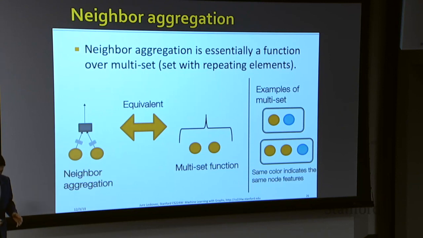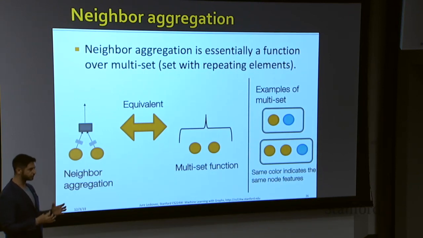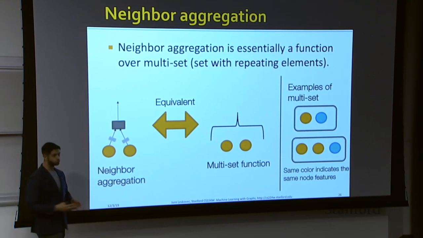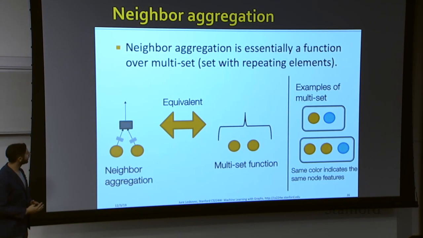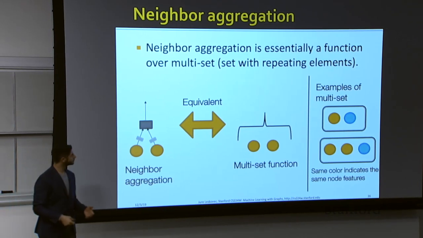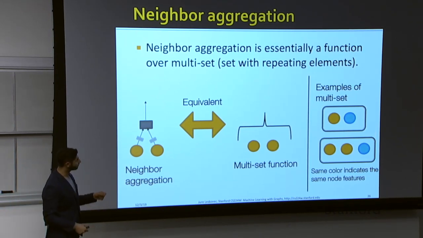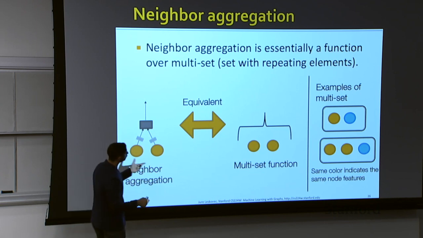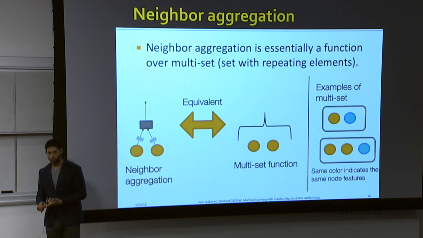So what is neighbor aggregation? Let's try to think about it in a different way. Until now, we always thought about it as pretty much a way to traverse a subgraph. Now we want to think about neighbor aggregation as a function, all right? So neighbor aggregation is essentially a function over a multiset. Why do we want to work with multisets? For two reasons. Of course, they are sets with repeating elements.